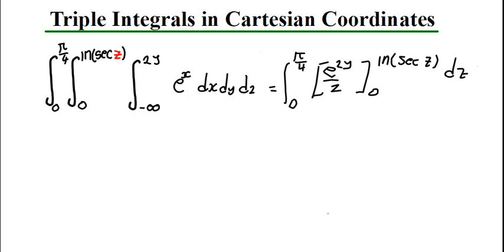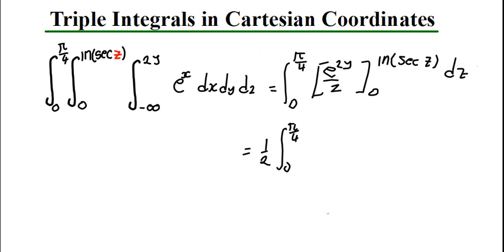Now what does this turn out to be? Let's go ahead and do the evaluation. This is from 0 to pi over 4. That 2 on the denominator, I don't know why I'm uncomfortable seeing it there, let me put it outside. That would be 1 over 2, even better.